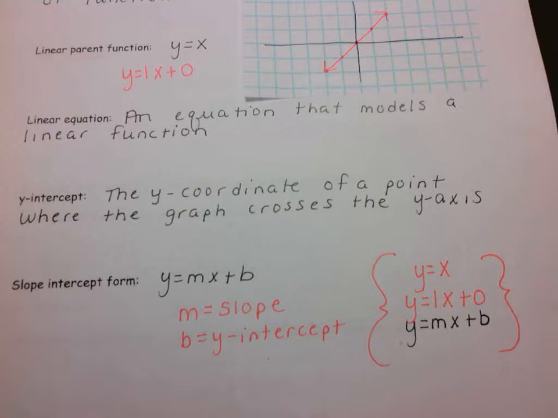Now you should have learned about this last year, so this should be at least slightly familiar to you. So if you look at the parent function in slope-intercept form, you can see how my slope is 1 and my y-intercept is at 0.